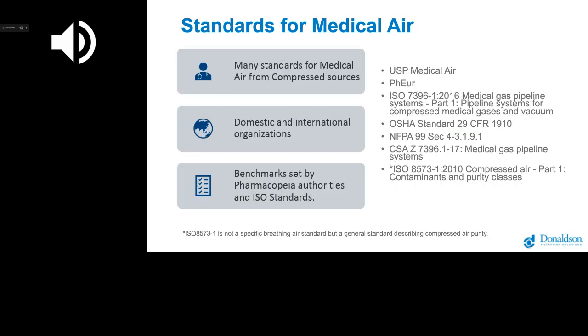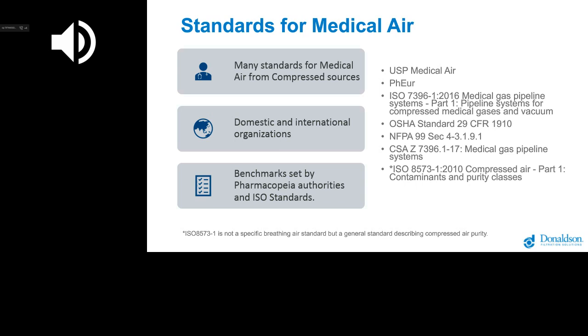As you would expect, there are standards for medical air. And as you can see, we have different standards for medical air regulated by different countries and individual bodies. Medical air in hospitals is considered a medical product and falls under the pharmacopoeia regulations and ISO standards. Pharmacopoeia is a benchmark that Donaldson uses for design of any equipment involved with medical air or hospital applications.